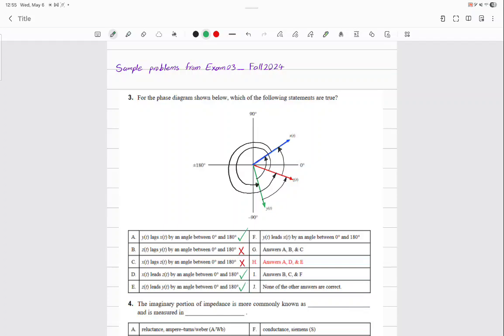And finally, Y leads X, so I should start from X and go to Y. Is it between 0 and 180? No. So the answer H is correct. Is there anyone having a problem with understanding this chasing, this leading, lagging? Remember that you can only move counterclockwise when you're talking about angles.